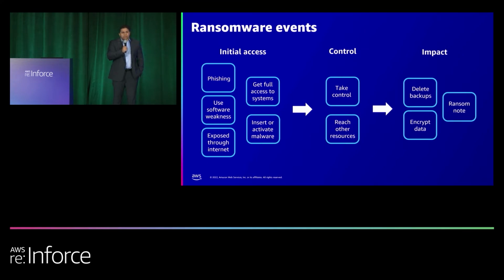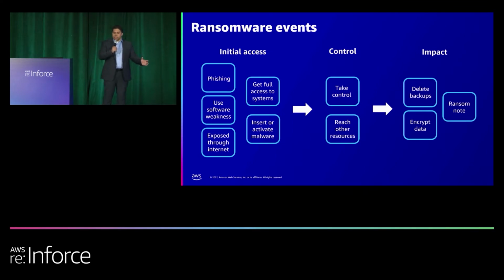And by the time it gets activated and it takes control, it moves very fast. It reaches other resources. There are lateral movements. There is spread, and there could be attacks on the primary data, which is powering the application. There could be attacks on the protected copies, whether they are replicas or backups.